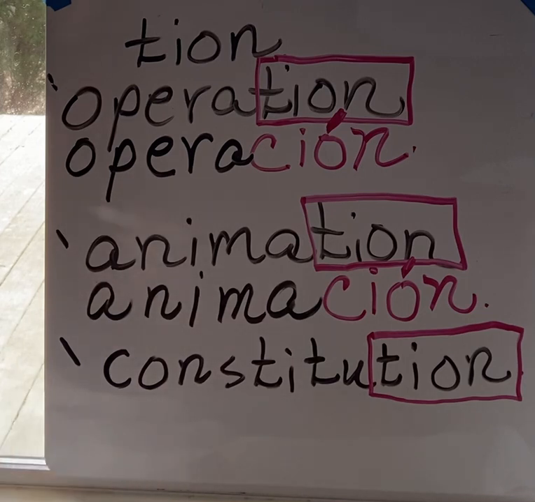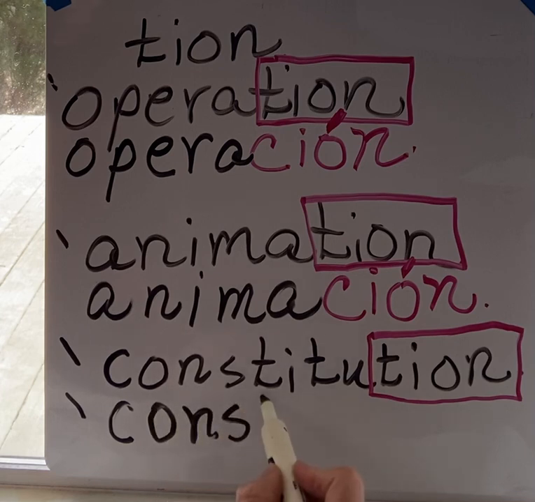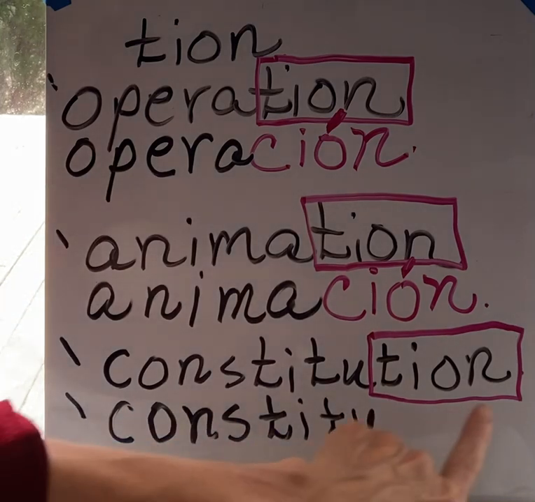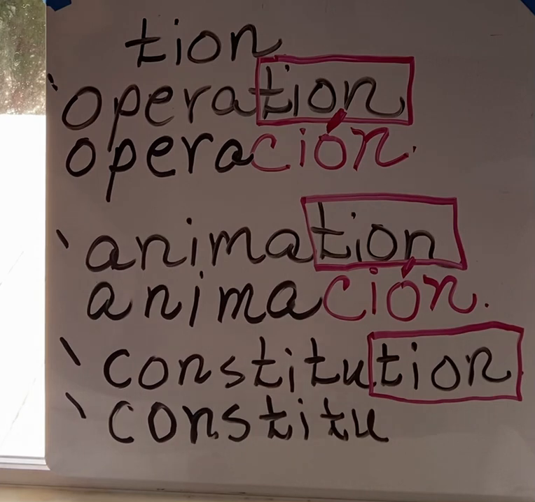Okay, I hope that you wrote it on your pad. Let's see. This would be C-O-N-S-T-I-T-U. But here are your last 4 letters. So now we're going to change our T into a C. We're going to follow with the I, O with a tilde, and we finish it up with the N.